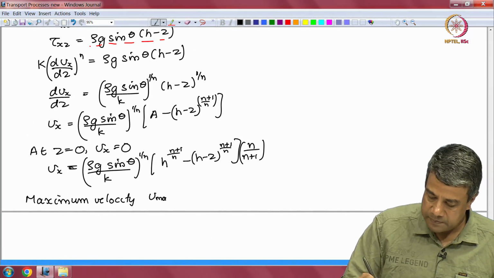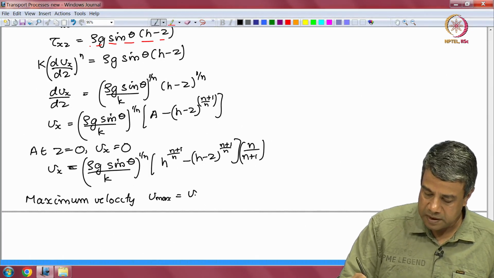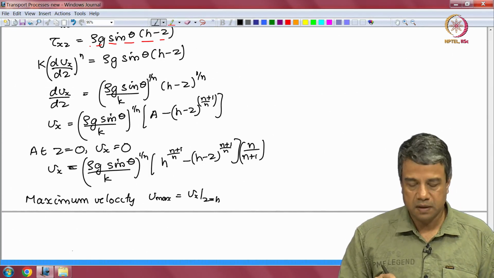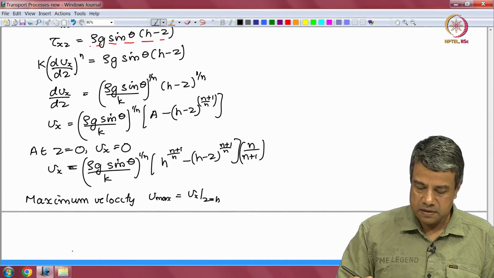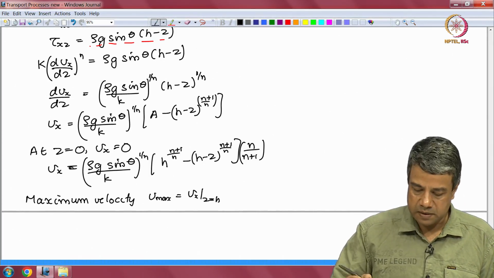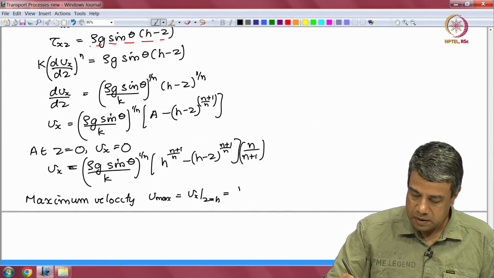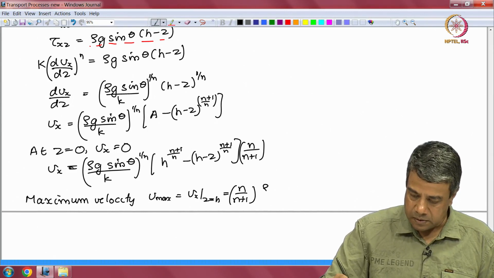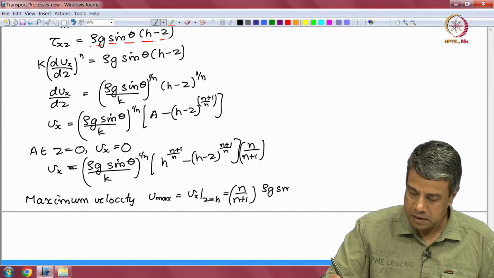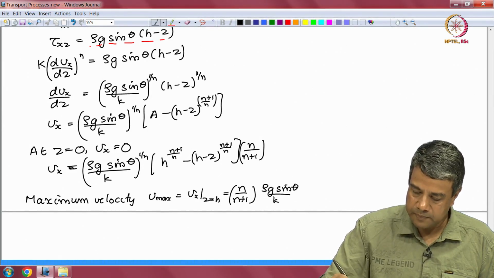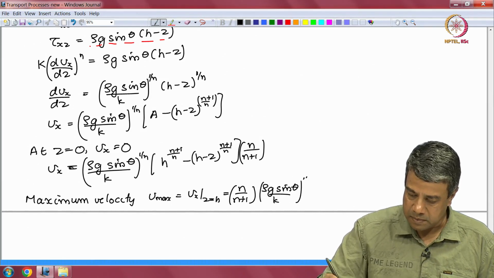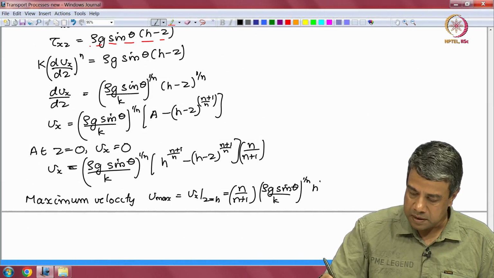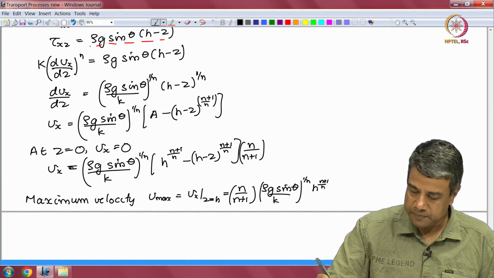The maximum velocity, V max, is equal to Vx at z is equal to h. At z is equal to h, this factor h minus z becomes 0 and this is equal to n by n plus 1 into (rho g sin theta by k) power 1 by n h power (n plus 1) by n.